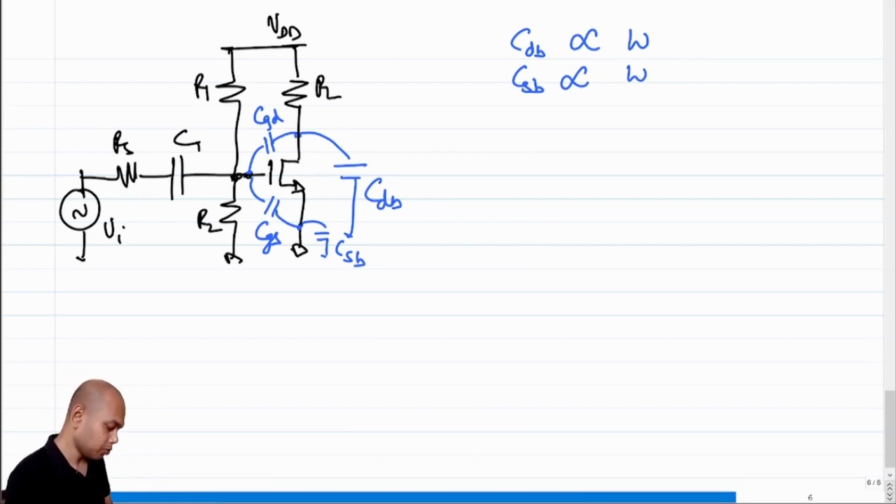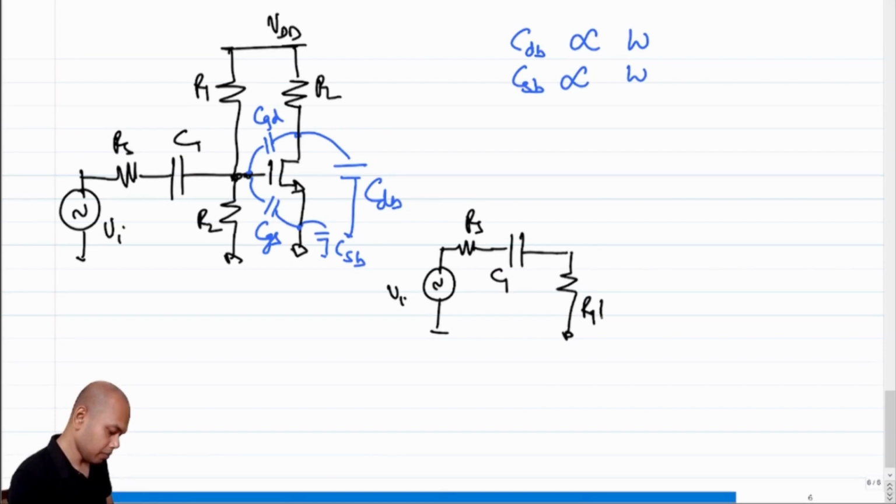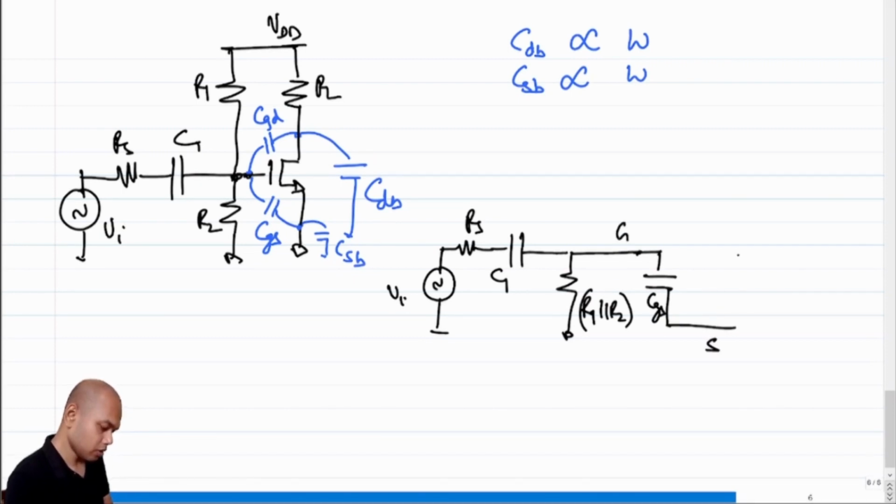So now the small signal equivalent changes to this. This is Vi, RS, we have C1, then we have R1 parallel R2. So now you have a CGS between the gate and the source.